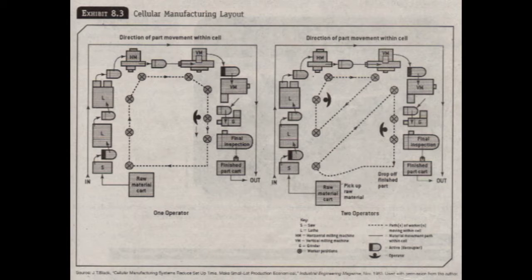Third is the cellular layout. Cellular layout is a design not according to the functional characteristics of equipment, but rather by self-contained groups of equipment, called cells, needed for producing a particular set of goods or services.